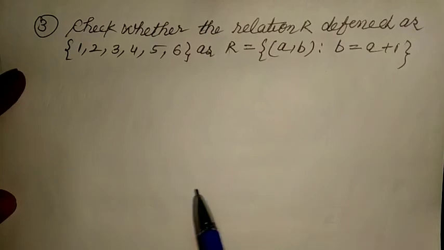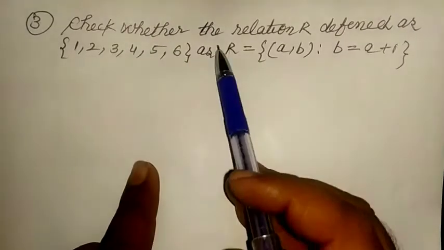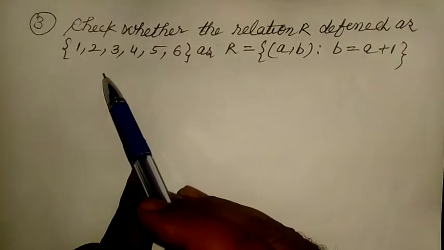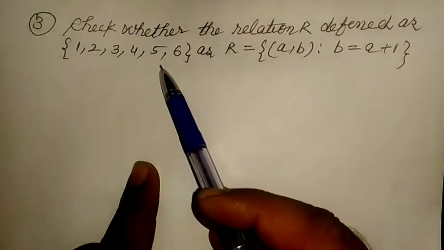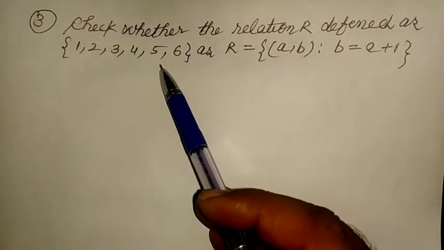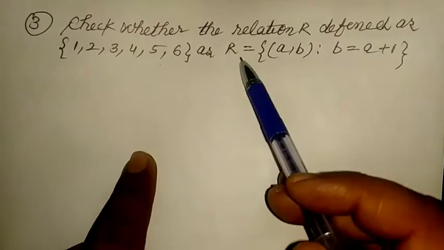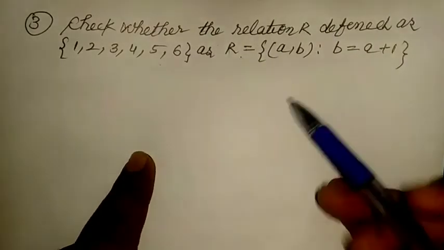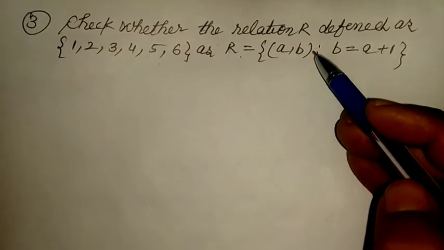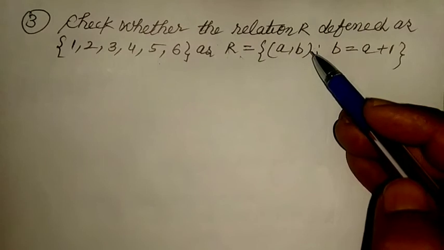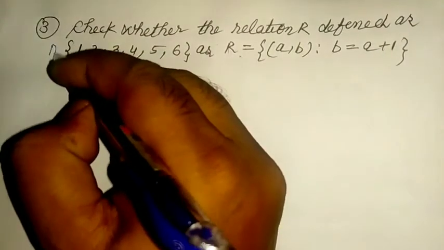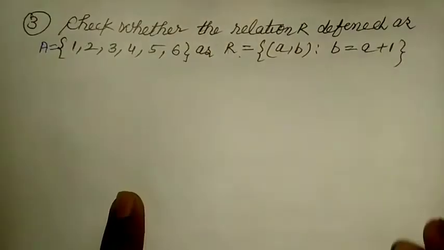This is question number 3. Check whether the relation defined on any set is reflexive, symmetric or transitive. We can take any set A, and R is a relation defined on it, no problem.